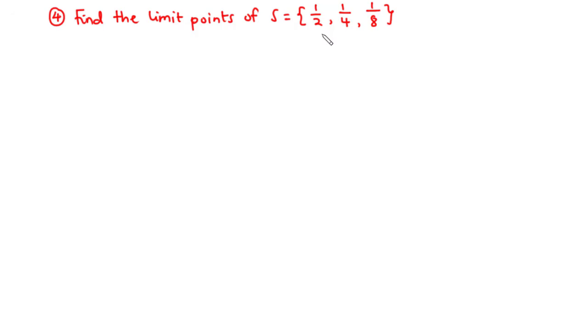Now S has elements 1 over 2, 1 over 4, 1 over 8. So this set is said to be a finite set. Now in general, a finite set has no limit points.